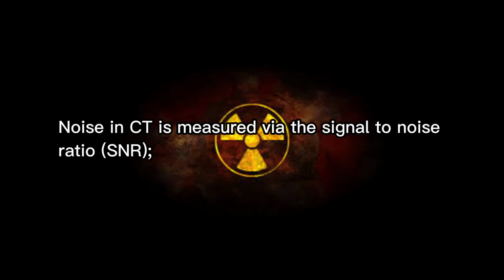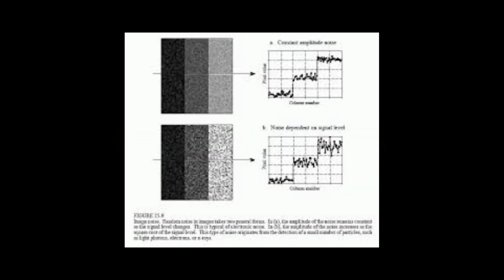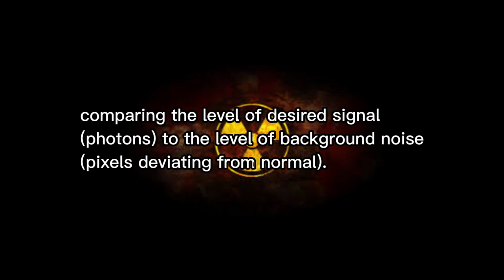Noise in CT is measured via the signal-to-noise ratio (SNR), comparing the level of desired signal photons to the level of background noise, pixels deviating from normal.